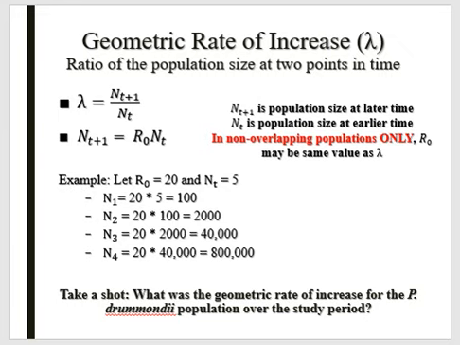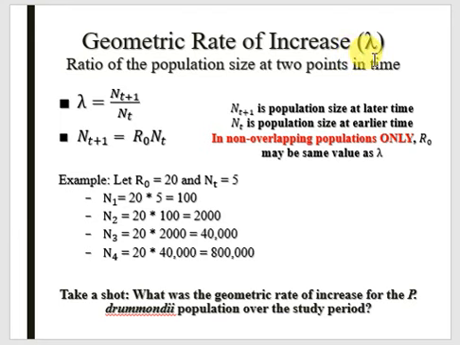Actually, I'll continue on with this. Because this is a non-overlapping population, we can calculate what's called the geometric rate of increase. This is a measure that calculates the ratio of the population size at 2 points in time, and uses that as a determination of growth rate. Here, this factor is denoted by the symbol lambda.